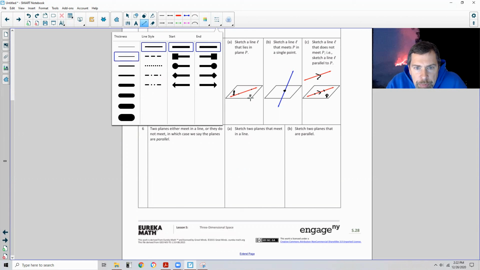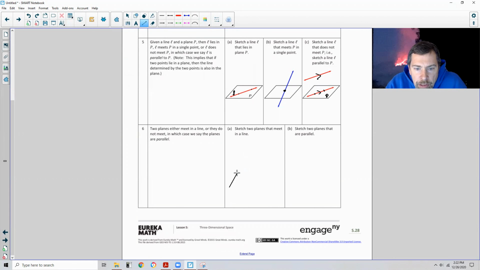So if I have a plane like this, so I'm going to make it a little larger though. Okay, so there's my plane. And then I'm going to sketch another plane.